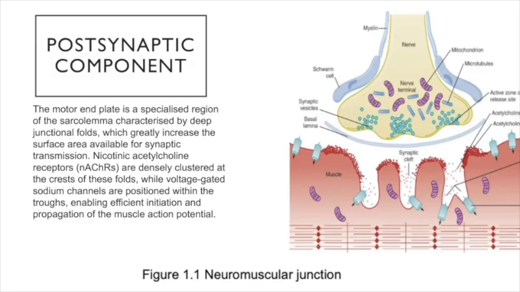Succinylcholine tends to stick around this postsynaptic region for longer until it diffuses out and is broken down by pseudocholinesterase. But if a patient has a deficiency in pseudocholinesterase, then they're going to have prolonged paralysis, which is known as succinylcholine apnea.